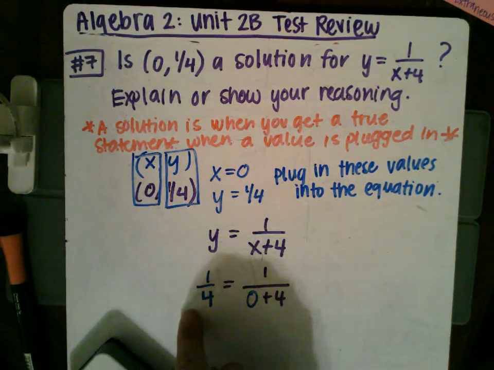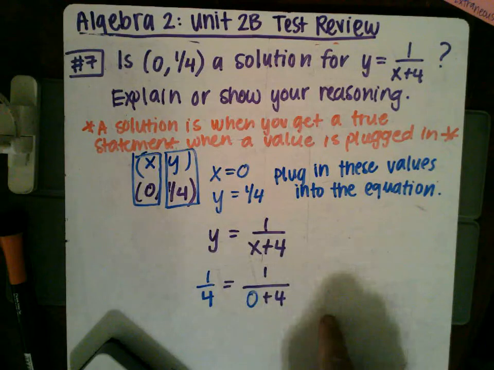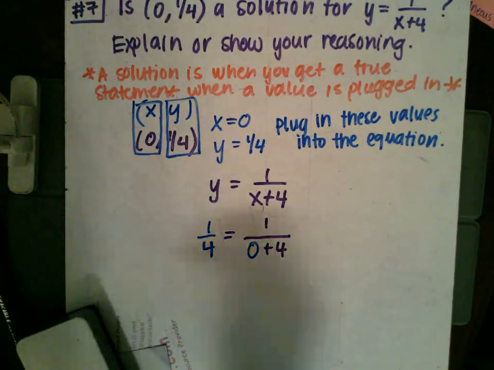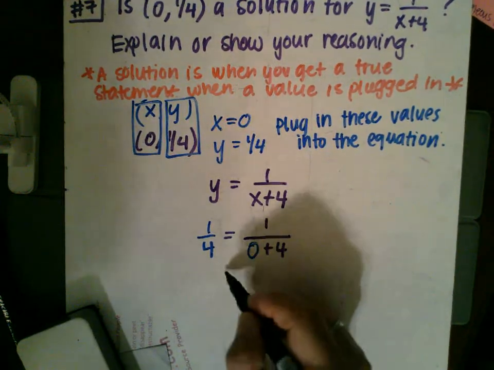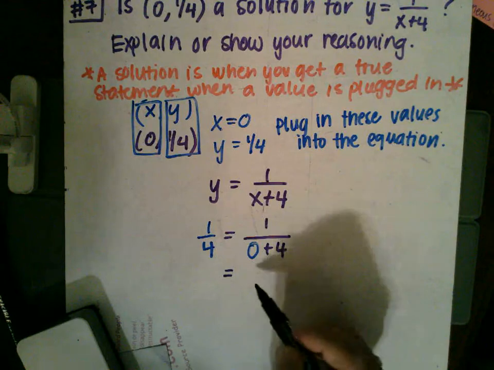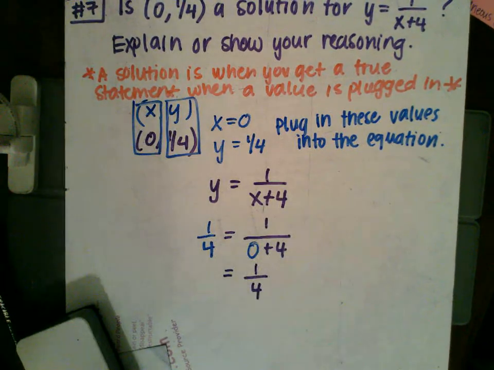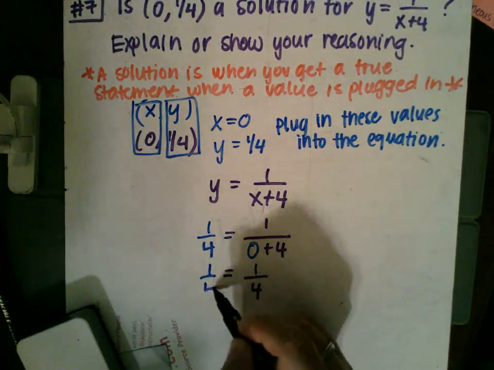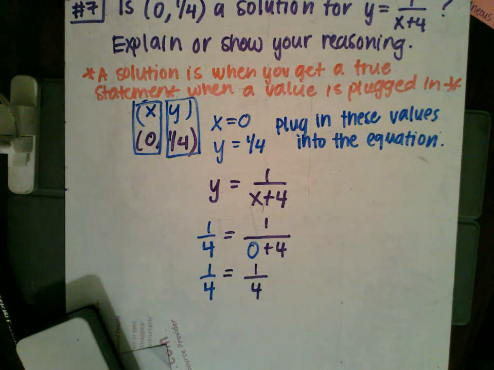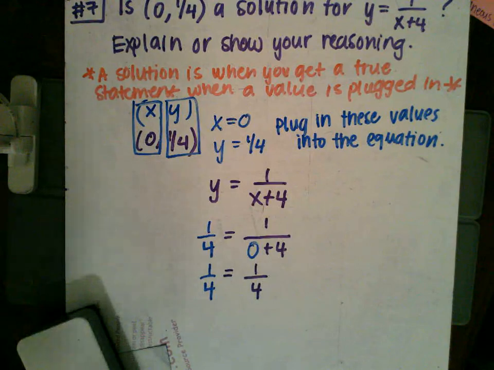Is 1/4 equal to 1 over 0 plus 4? And if I simplify this expression, I have the right-hand side, 0 plus 4 is just 4. So you can see that I do get a true statement, right? 1/4 does, in fact, equal 1/4.